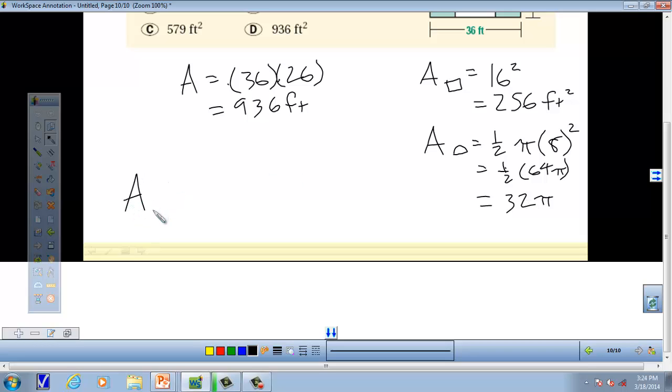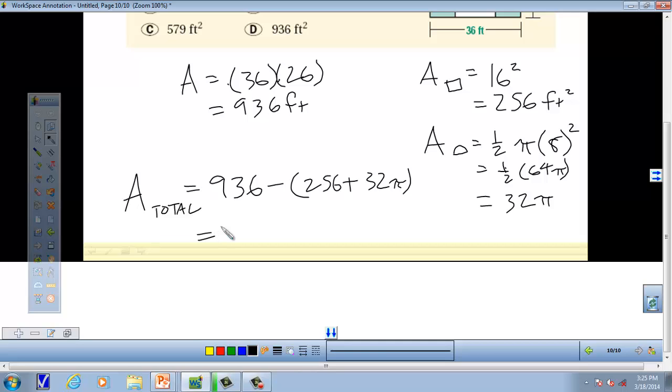Our total area is going to be that 936 minus 256 plus the 32 pi. Okay? This is where we get our calculator out.